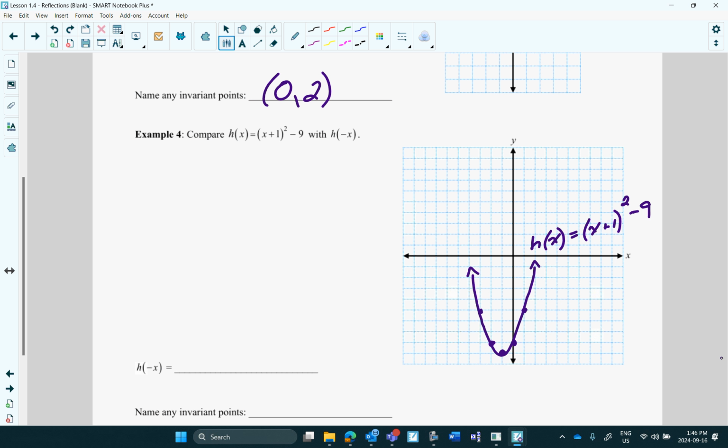When we do a horizontal flip, in the equation, we just throw a negative in front of the x inside. So the new equation is I take this one and I just drop in a negative right there. So everything else stays the same, except it's (negative x plus 1) squared minus 9.